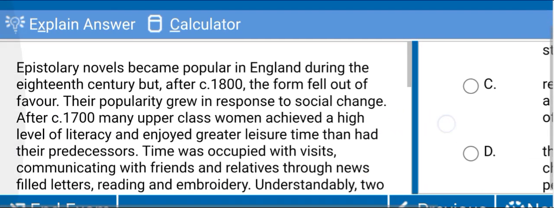Here we have the same passage given to find out your answers.